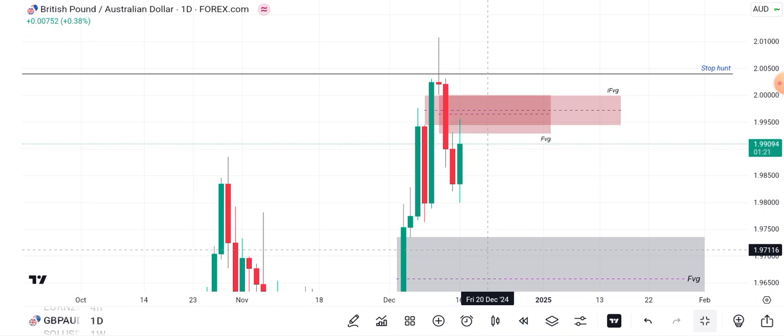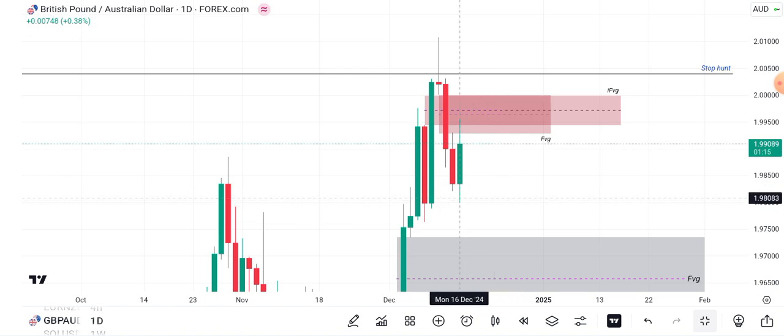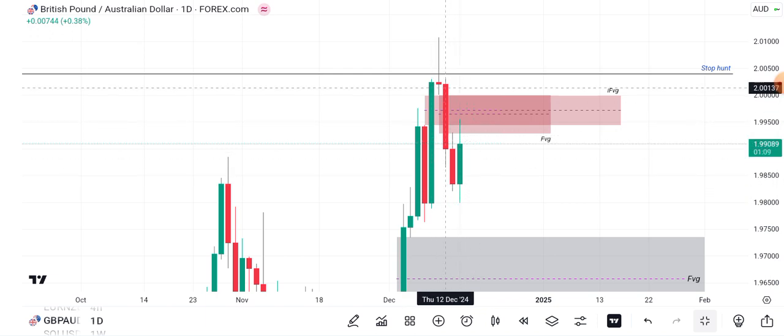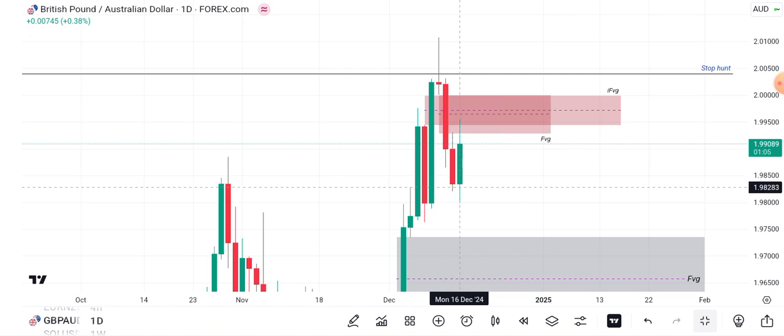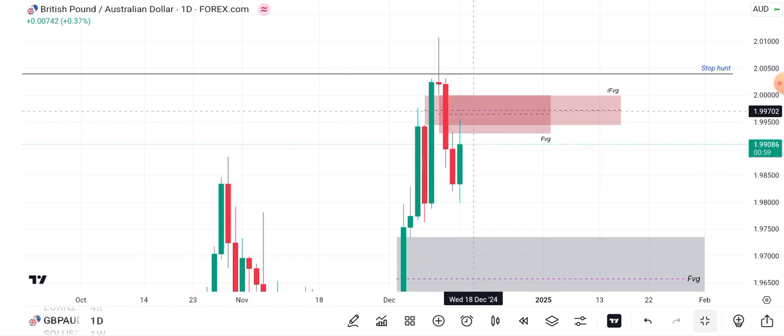So for someone like me, I love trading retracement. I may have missed this move or I took a stop loss around it, but I would love to ask: can I buy this retracement higher?